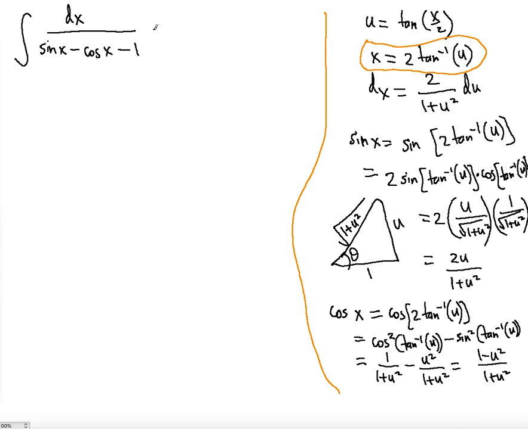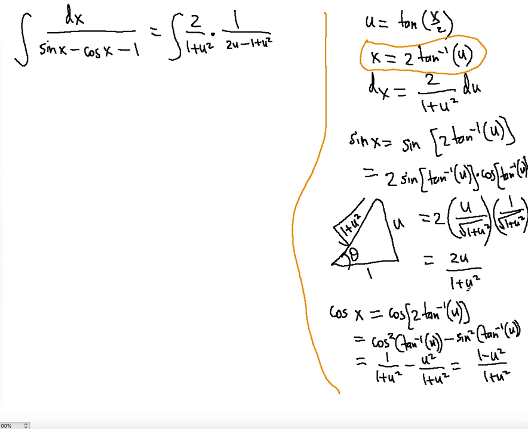So this integral becomes 2 over 1 plus u squared. That's the dx part, multiplied by 1 over sine x, which is this one, 2u over 1 plus u squared, minus cosine, minus 1 plus u squared, because there's a minus sign.